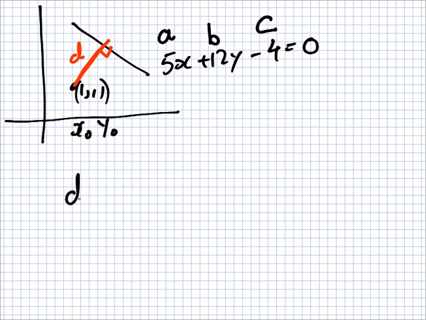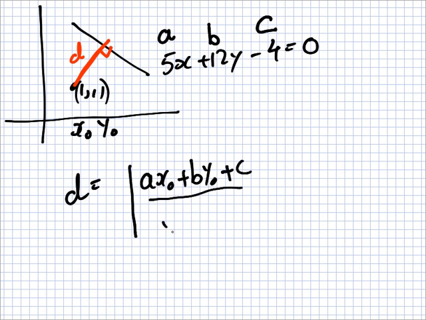And the D is absolute value of ax0 plus by0 plus c over square root a squared plus b squared.